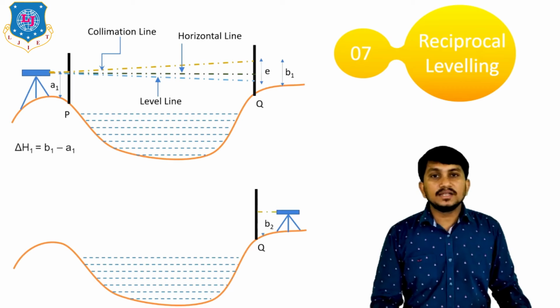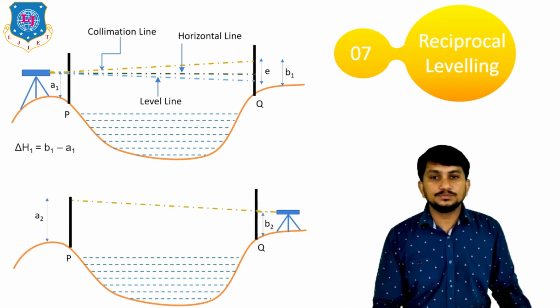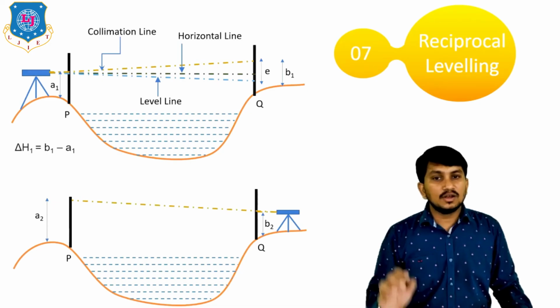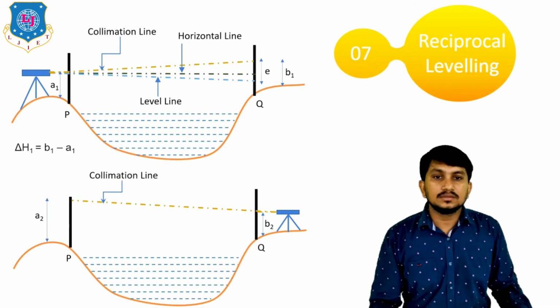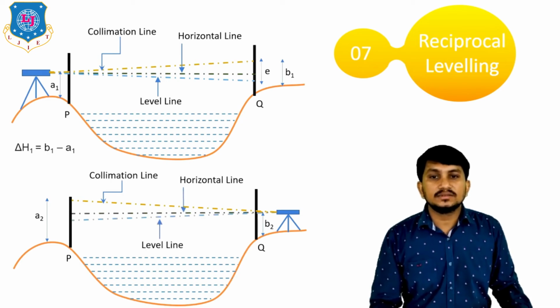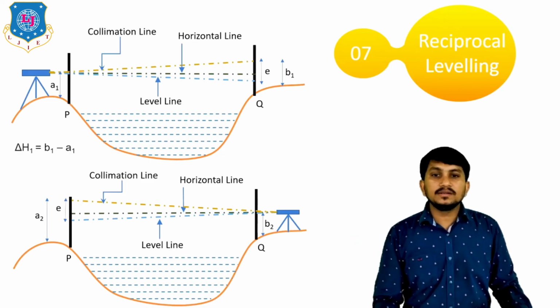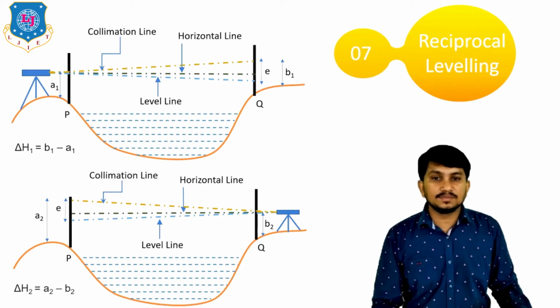After that we take the readings at station number P like this, which is called as A2. Okay, here also because of the curvature of the earth the line is the collimation line. Okay, this is the horizontal line, this is the level line. Okay, and this is the error. Here the difference between these two staff readings is delta H2, which is A2 minus B2.